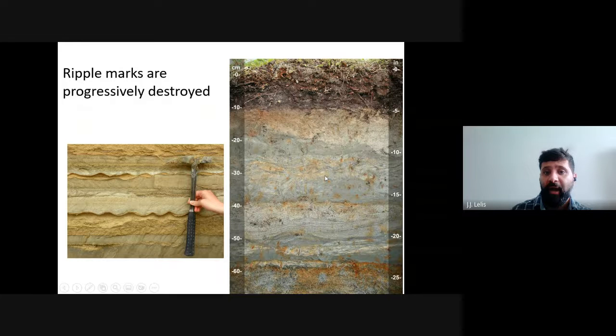It's not so easy to identify these materials in paleosols, because these marks are destroyed by time, by weathering, leaching, and bioturbation.